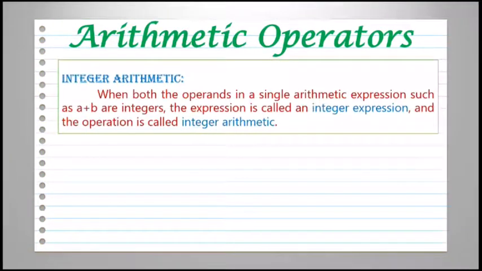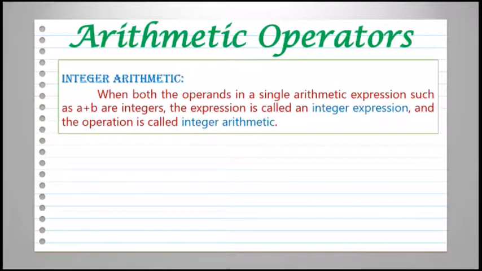In that, first one is integer arithmetic. When both the operands in a single arithmetic expression, such as A plus B, are integers, the expression is called an integer expression, and the operation is called integer arithmetic.